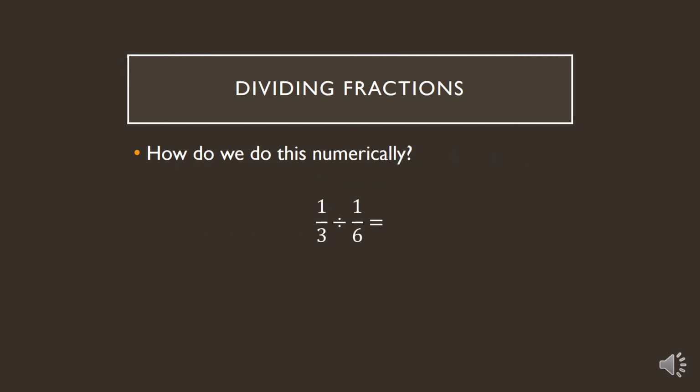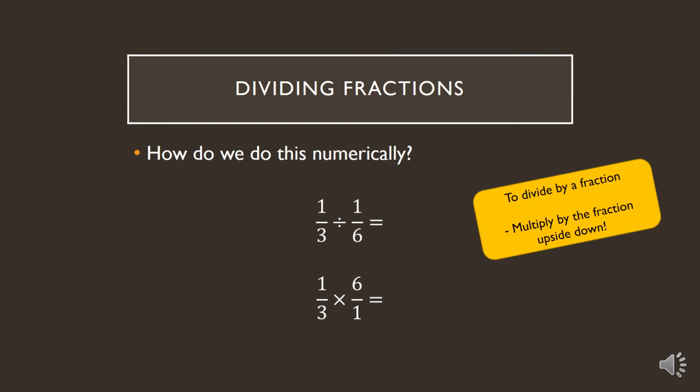How do we do it numerically, however? Well, there's a trick here. Okay, you multiply instead of divide, and you turn your fraction upside down. So to divide by a fraction, multiply by that fraction upside down. We should get the answer 2.